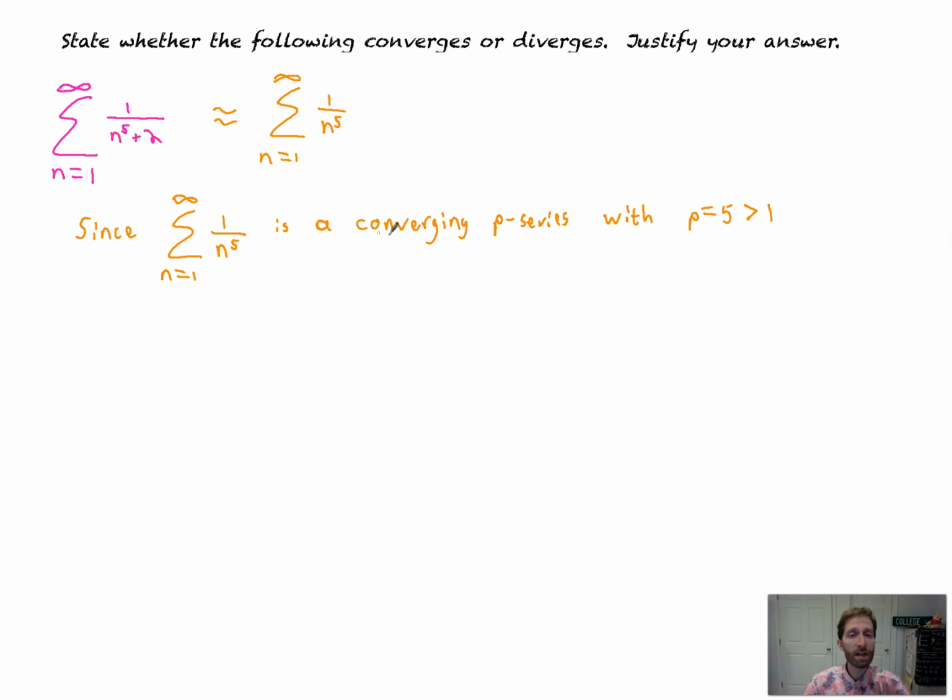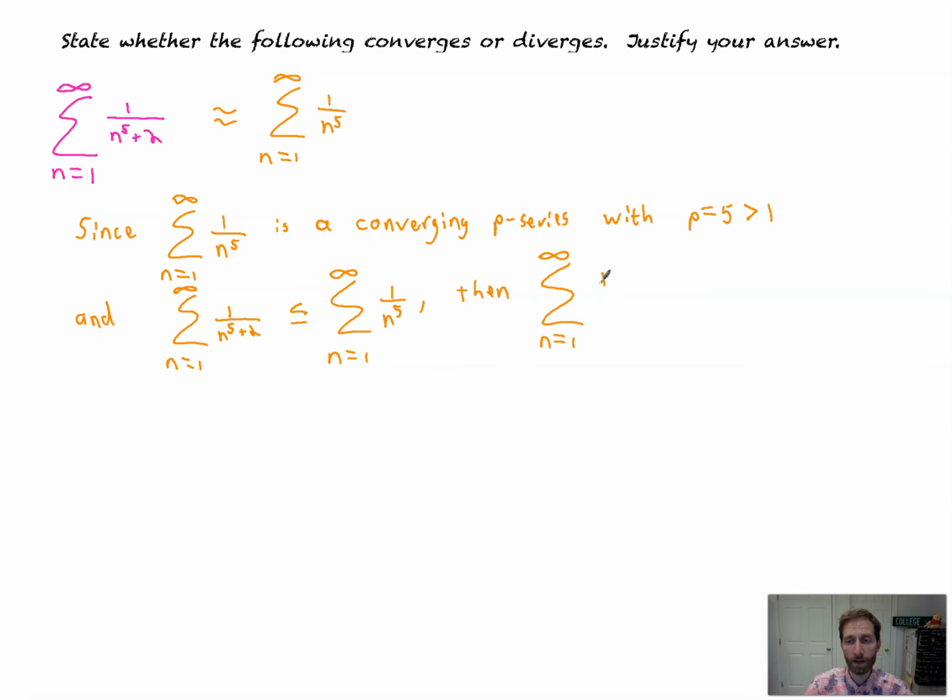And now we say that's converging, and the series n equals 1 to infinity of 1 over n to the 5th plus 2 is less than or equal to that series that we just said converges, then our series n equals 1 to infinity of 1 over n to the 5th plus 2 converges by direct comparison.